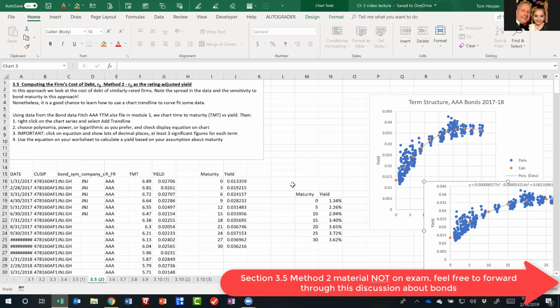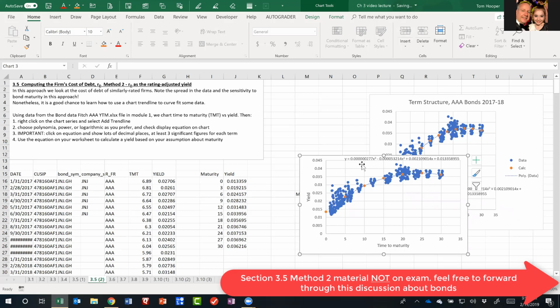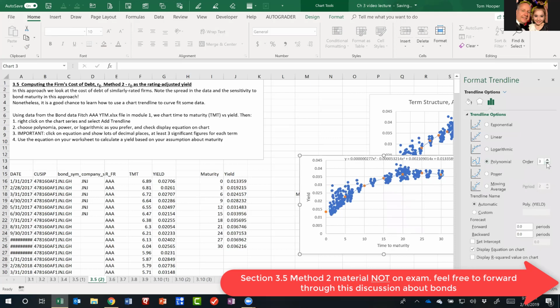I'm getting like a negative 4e. Oh, you're getting a different equation. Is your chart looking the same? Yes. Let's see what fit I ended up using on my trend line. Are you using a polynomial 3? Okay, I think that's the problem, because I'm using order 2. Okay, that's the problem. Thank you.